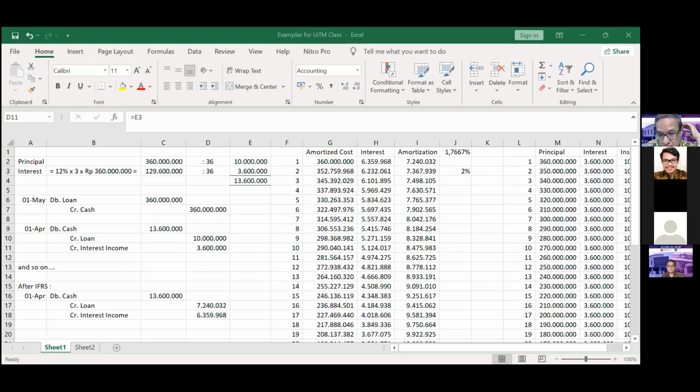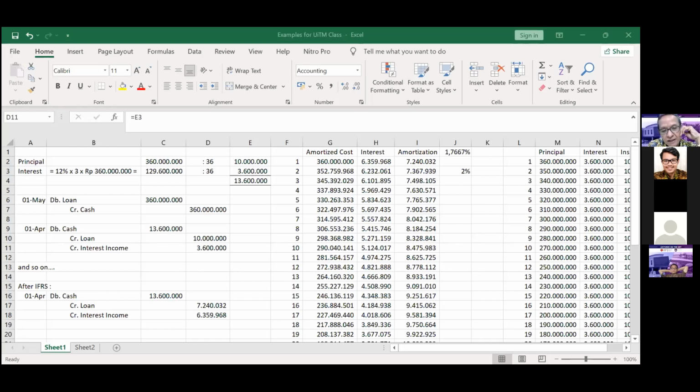Now, what is the expected credit loss? Before IFRS 9, the expected credit loss will be 7% multiplied by 80% multiplied by 10 million. Why? Because the receivable is only 10 million, although the limit is 100.